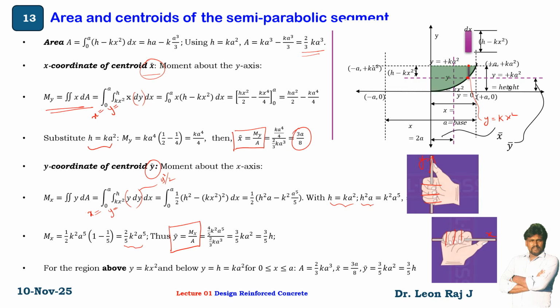And as we know, the area equals 2 by 3 k into a cube. So your final y bar value is equal to 3 by 5 into h. So h is the height. So x bar and y bar values we have calculated.